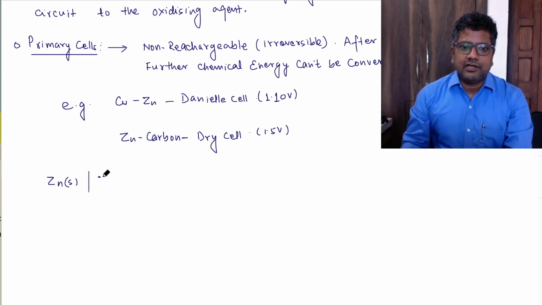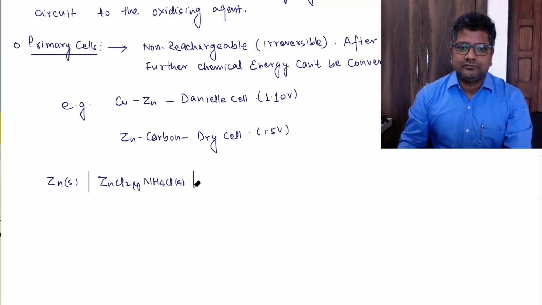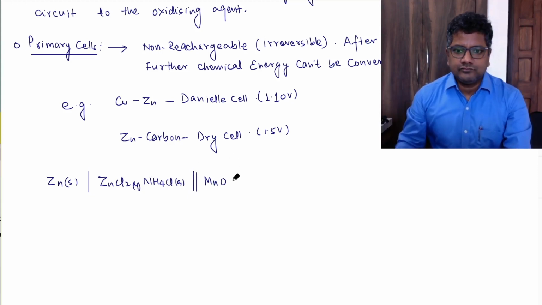and the electrolyte we are taking is ZnCl2 and ammonium chloride, all in the form of an aqueous paste, then MnO2 solid and MnOOH, and carbon graphite.